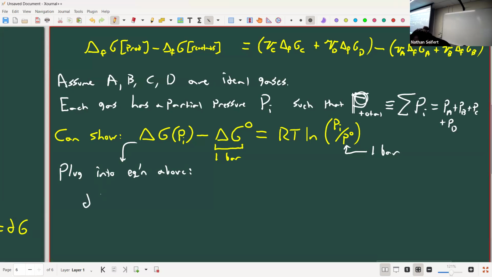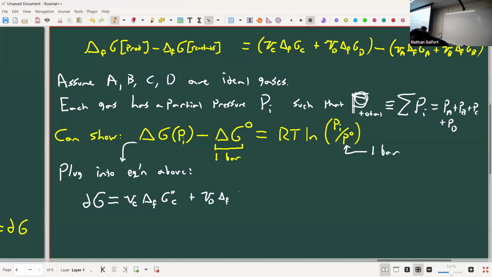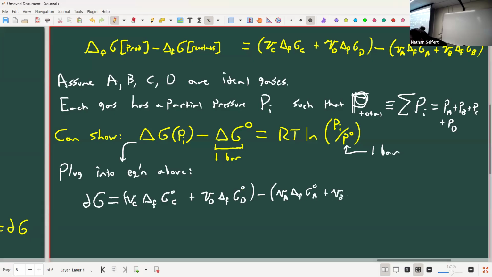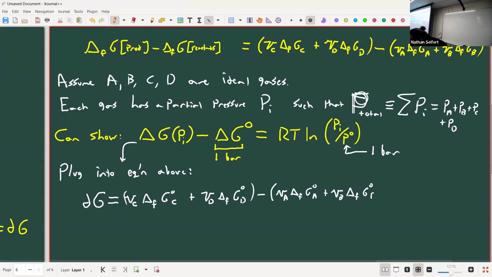And what we find is that the change in Gibbs energy of this system is equal to the standard Gibbs energies of the products minus the standard Gibbs energies of the reactants, just like we had before.